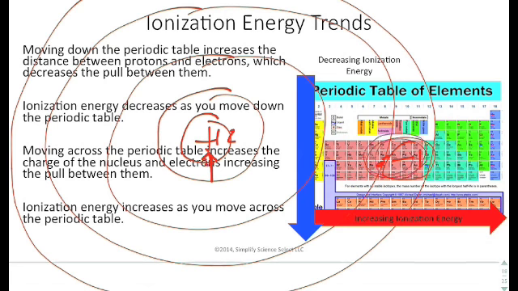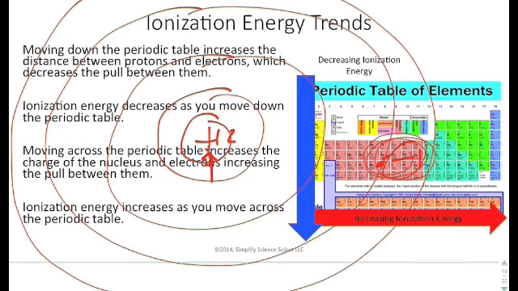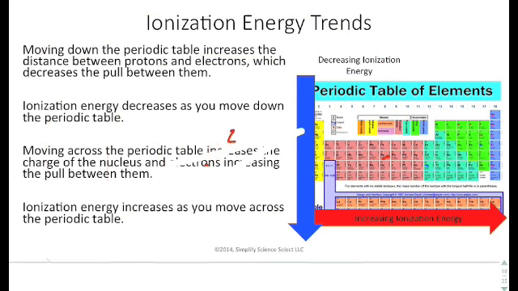If you're increasing the amount of positive charge, it will increase the force between these two and make it much more difficult to remove an electron. Thereby it increases the ionization energy. So the trend we see because of Coulomb's law and effective nuclear charge is a decrease in ionization energy as you go down and an increase as you go across.